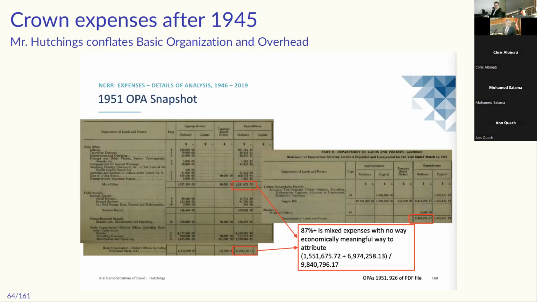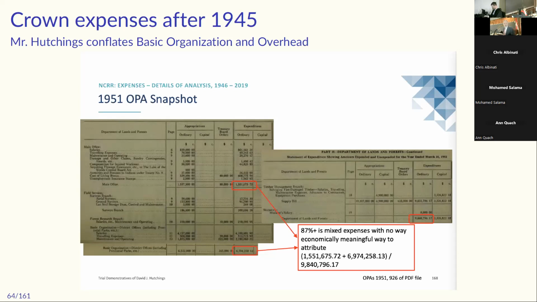Then he highlights the total spending on basic organization dash district offices. Those two highlighted amounts, then through the arrows, the eye is drawn to the box in which he writes 87+%. That's the sum of those two numbers, Your Honor, divided by the ministry total, also highlighted. 87+% is mixed expenses with no economically meaningful way to attribute.